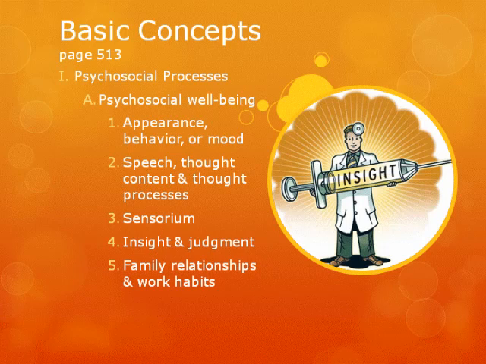But just take a look at that and compare the content that you see in Kaplan with what your own observations have been with real patients. If you look at item number 5, what were the family relationships and the work habits like of the individuals you interacted with in the clinical setting?